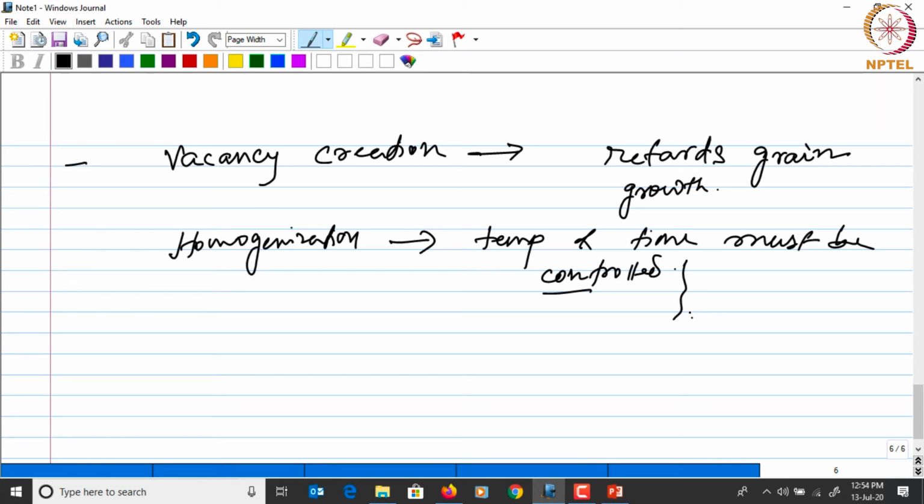For example, if you have two materials having very different melting points, one having a much higher melting point compared to the other, then if the temperature is not controlled, it might lead to swelling, and therefore it will be difficult to maintain the dimensional tolerances, right?